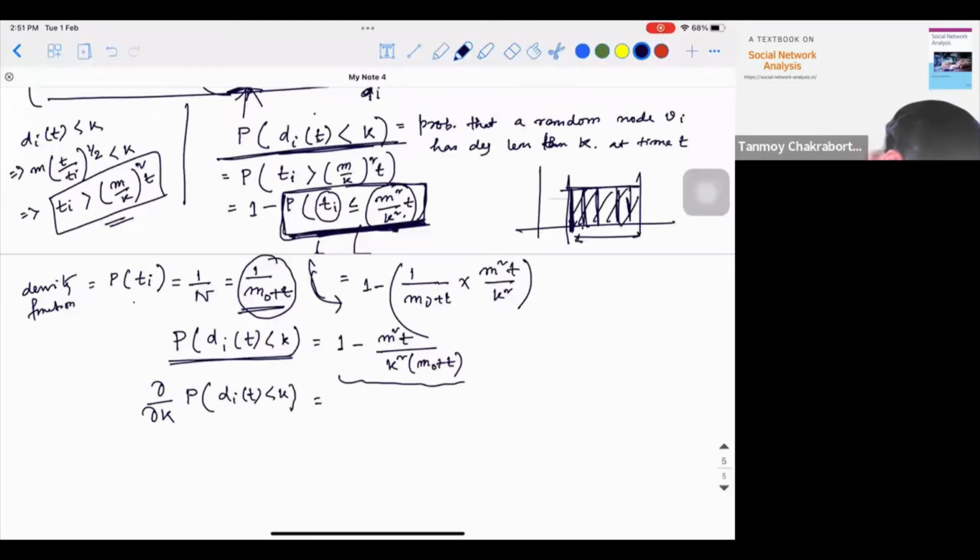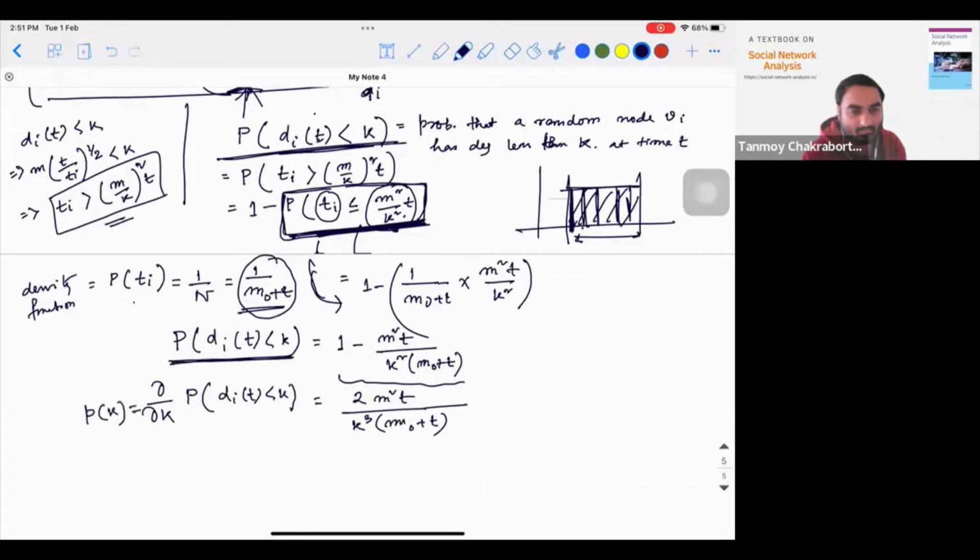If you do the math, you will see that this would be 2 m square t by k cube (m0 plus t), with respect to k. Okay, so this is pk, because from the distribution function we get the density function, right? We take the derivative, and this is pk.